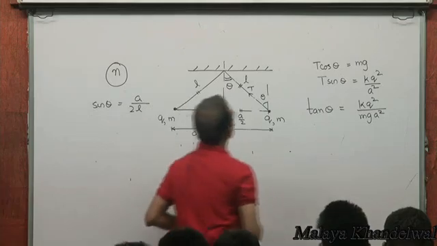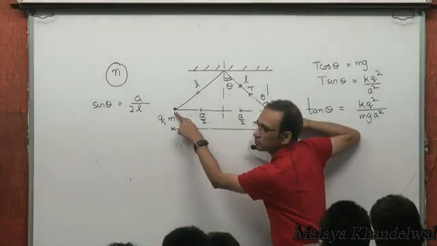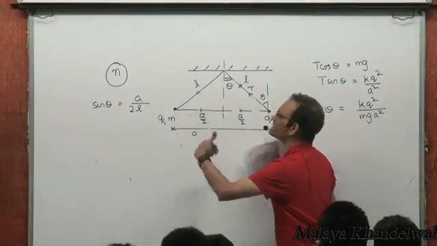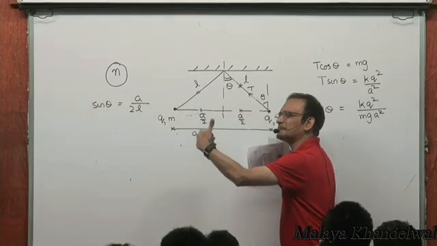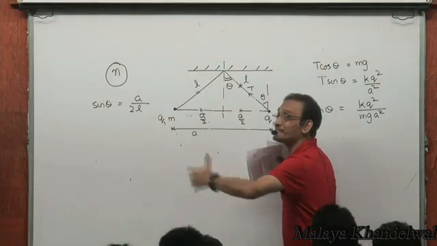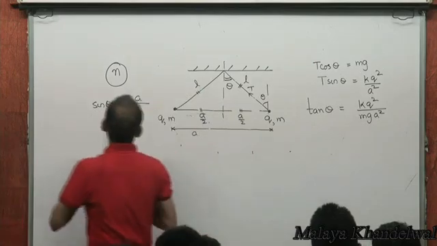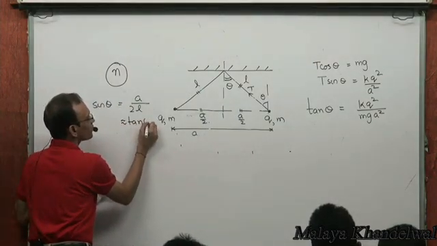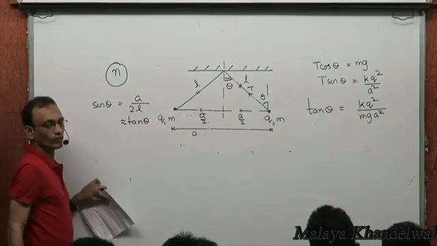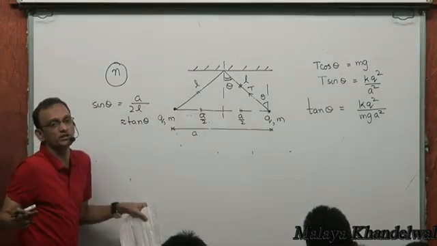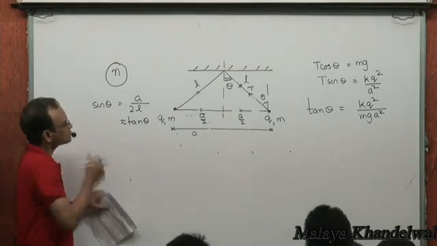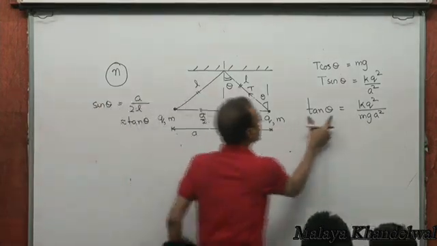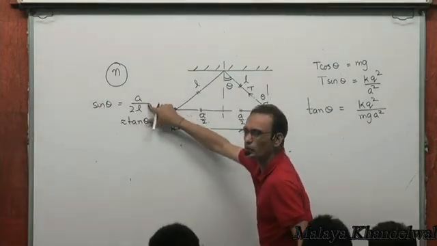Now if theta is small, then sine theta is approximately the same as theta, which is approximately the same as tan theta, where a is the equilibrium separation between the two charges. So this tan theta can be replaced by a by 2L.